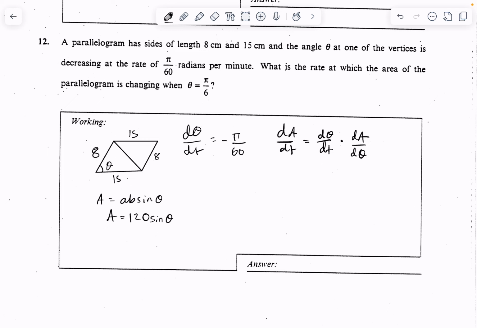And this is because while the differential is not really a fraction, in this case we can treat it as one: d theta and d theta cancel out, and this one will go here. So it becomes dA by dt. So we get dA by d theta is going to be equal to 120 cosine theta.